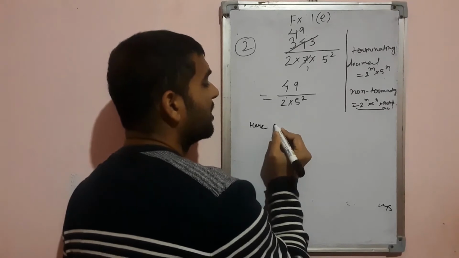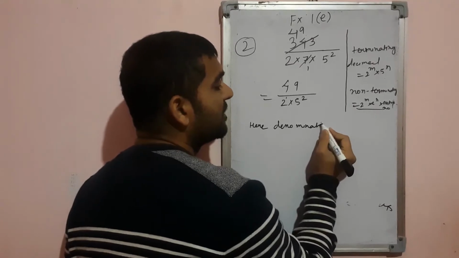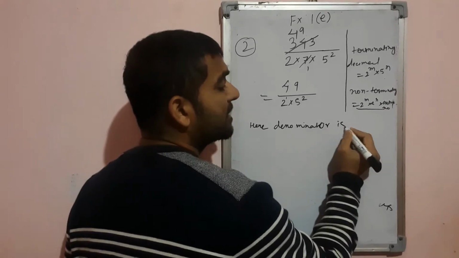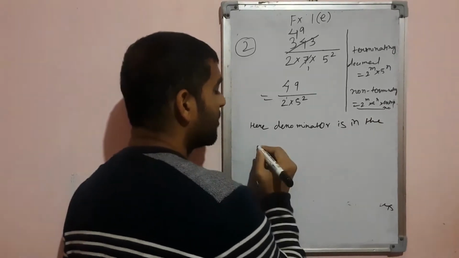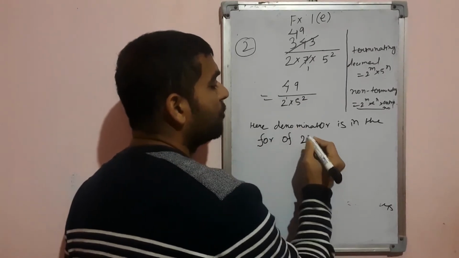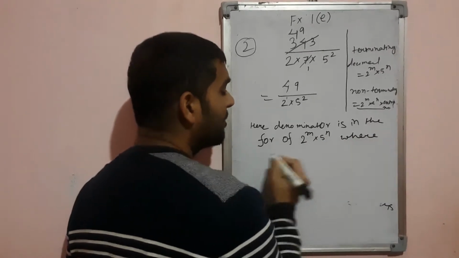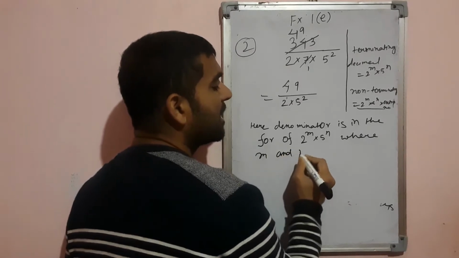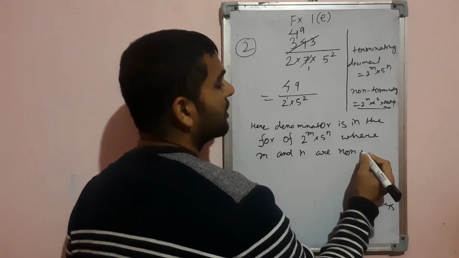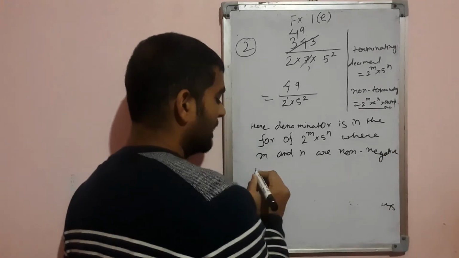So what will you write here? The denominator is in the form of 2 power m into 5 power n, where m and n are non-negative integers.